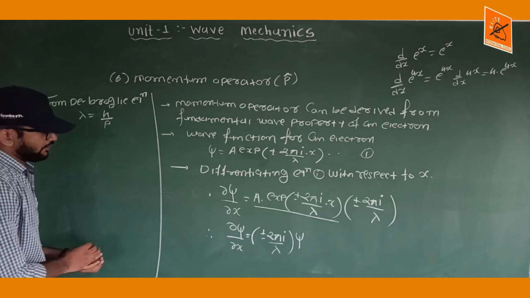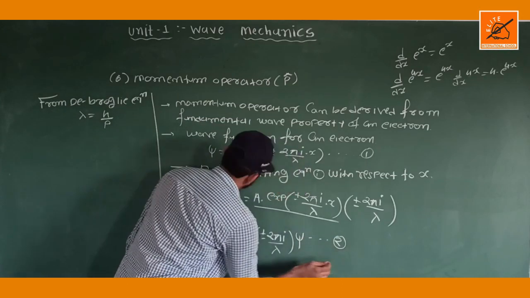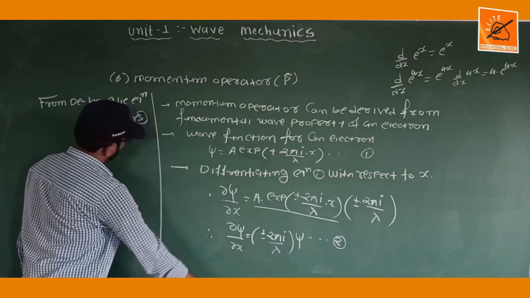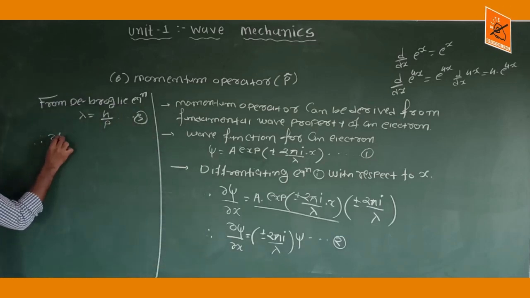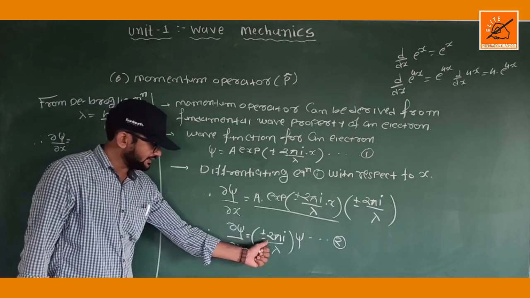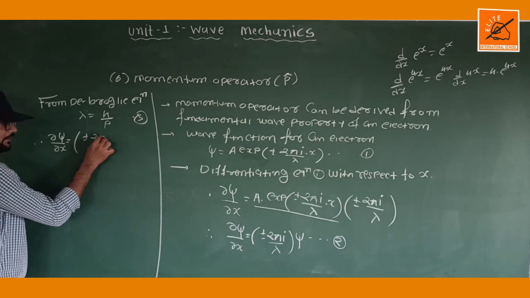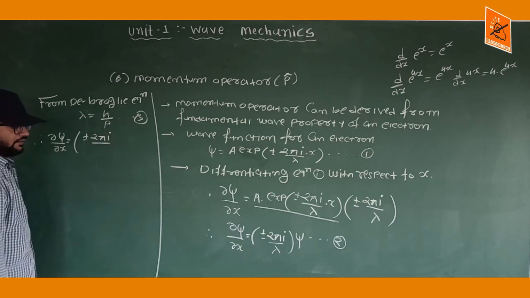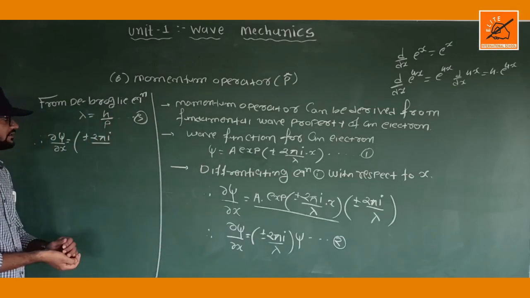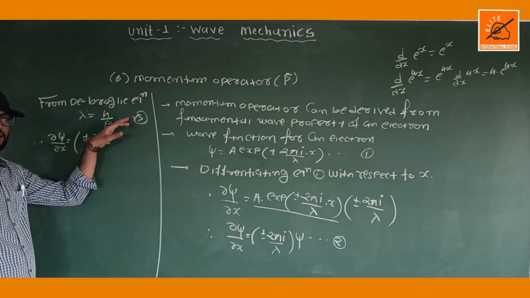Now put the value of equation number 3 in equation 2. Therefore d psi upon dx is equal to plus or minus 2 pi i, and the value of lambda is h upon p. Here h is in the numerator and p is in the denominator.